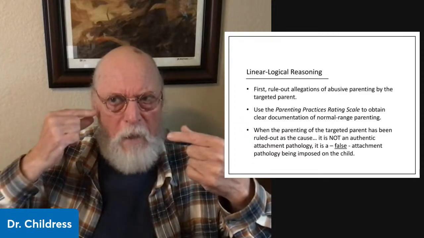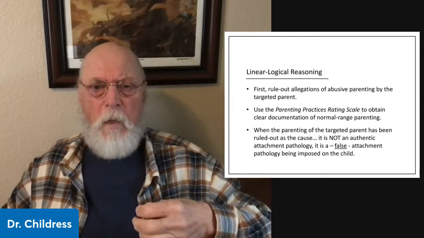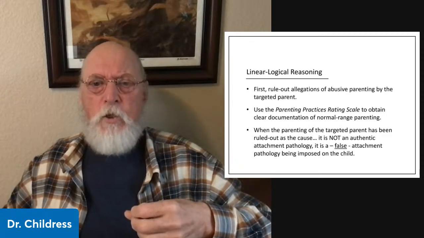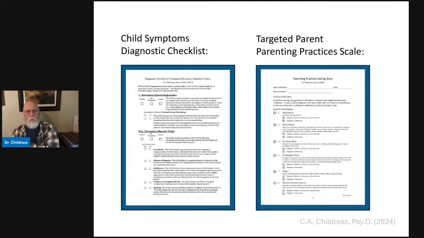And so you have to kind of help them over that logical hurdle in the situation. So you first rule out the allegations of abusive range parenting by the targeted parent. Use a parenting practices rating scale, and when you're normal and average, that means the other parent is a false pathology. The other parent's the one that's abusing the child.